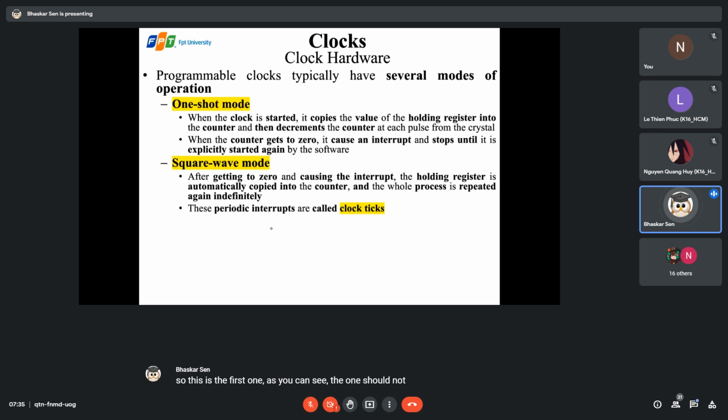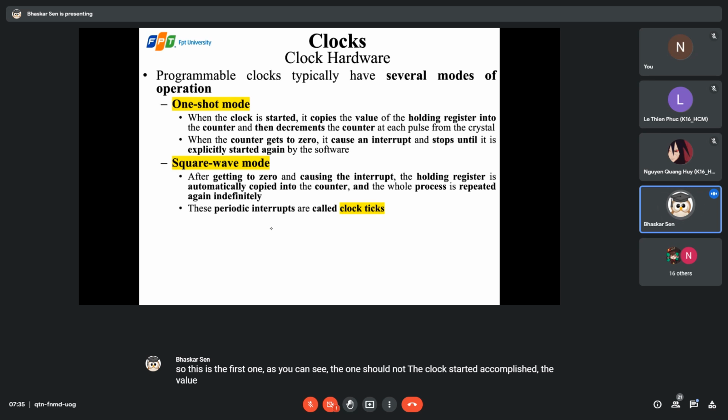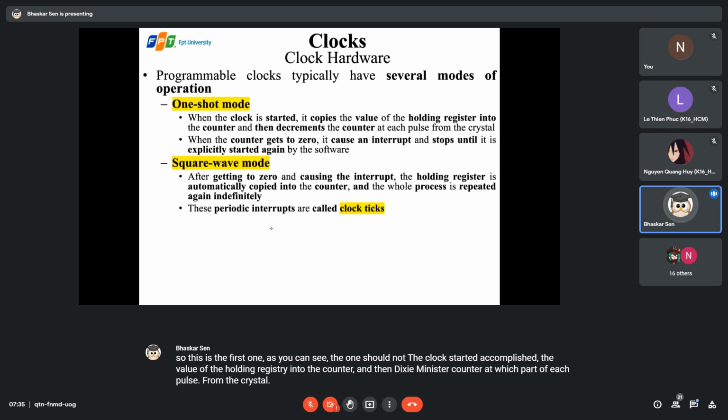The clock is started, copies the value of the holding register into the counter, and then decrements the counter at each pulse from the crystal. When the counter gets to zero, it causes an interrupt and stops.